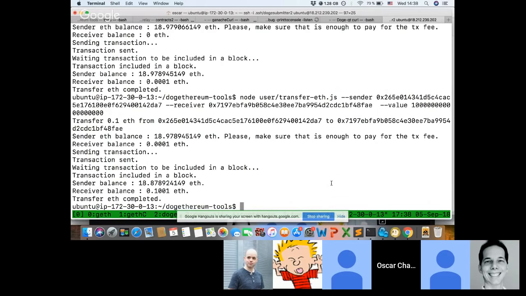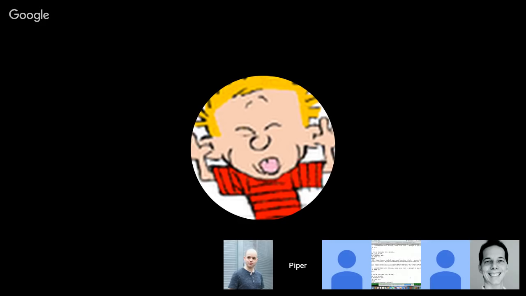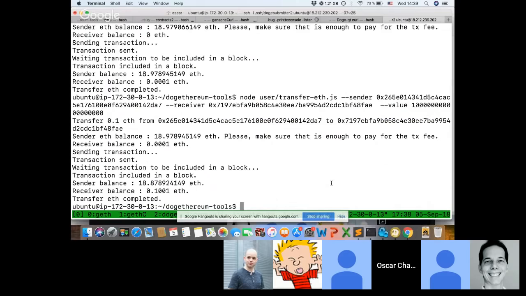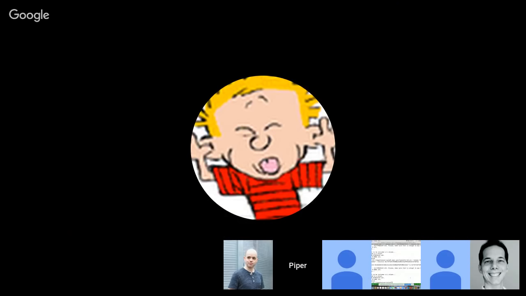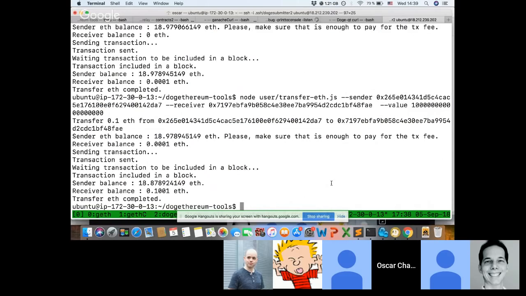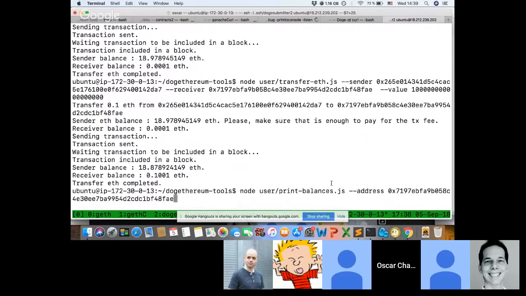But since I'm testing with very small amounts, the minimum fee seems a lot. Got it. So if somebody tried to send 1 or 2 over, they would get nothing. You won't be able to send 2. Got it. Cool. The minimum is 3. So let's print the balances again.